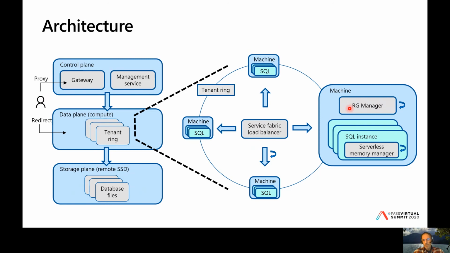So for example, if there are two serverless databases that are sharing a subset of cores, and those cores become overutilized, then RG Manager will detect that condition and identify a cooler set of cores on the same machine that it can reaffinitize one of those serverless databases to.